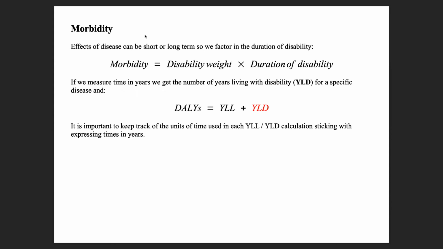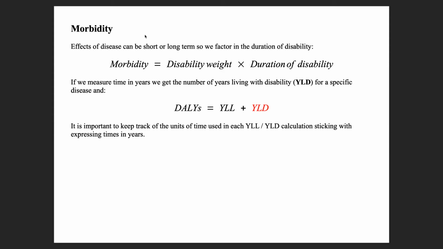So morbidity, it's the same as the deaths, and it's the morbidity multiplied by the duration of the disability. And if we measure time in years, duration in years, we get the number of years living with disability for a specific disease.